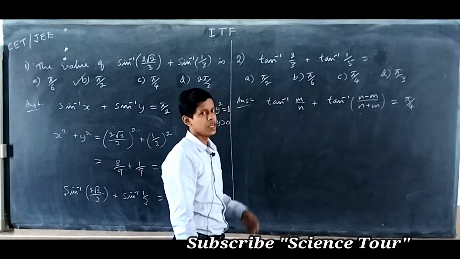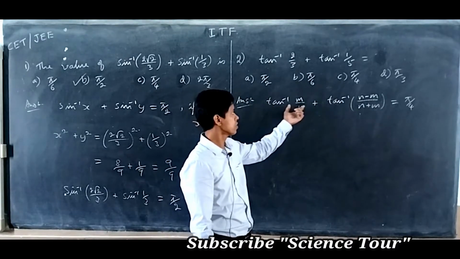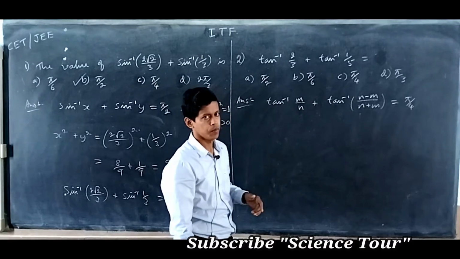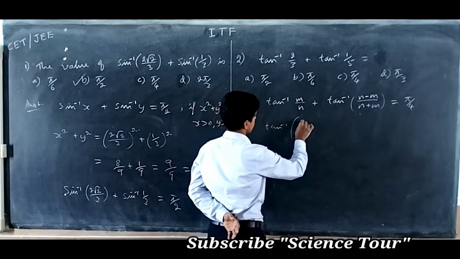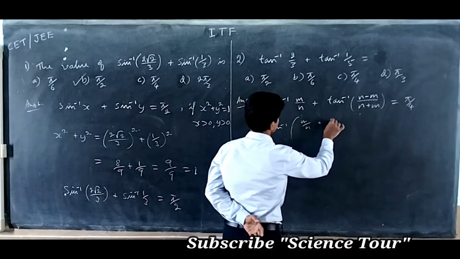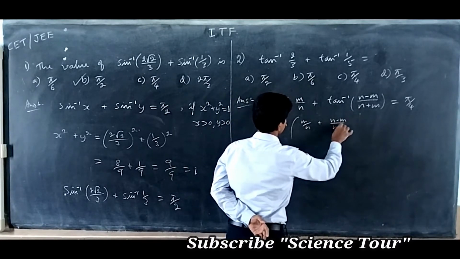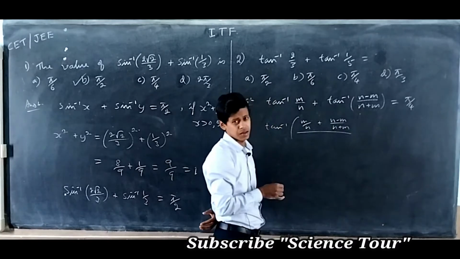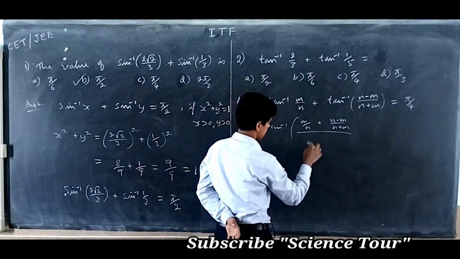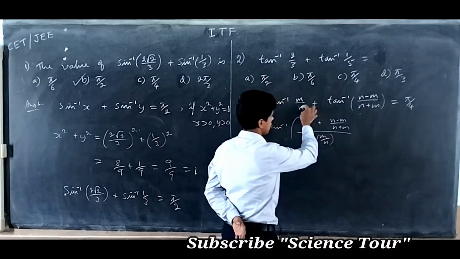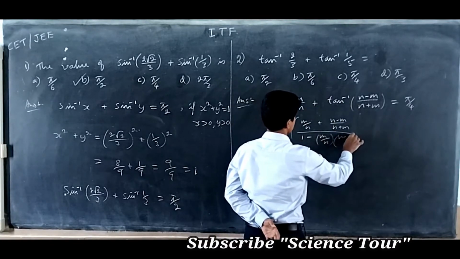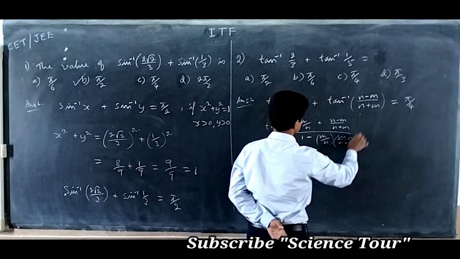Okay, so why it will be 45? You use the tan inverse x plus tan inverse y formula. So that will be m by n plus n minus m divided by m plus n, over 1 minus m by n into n minus m divided by m plus n.